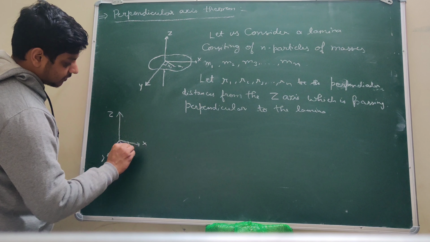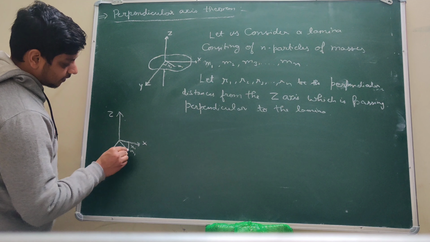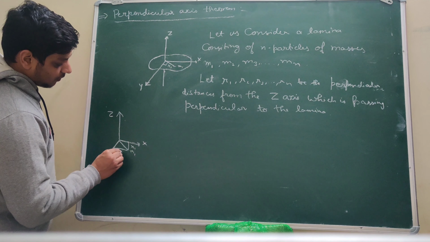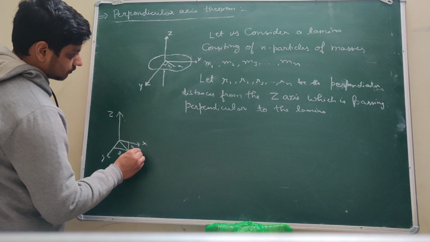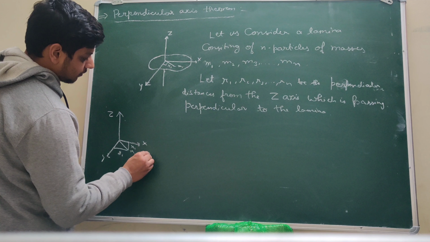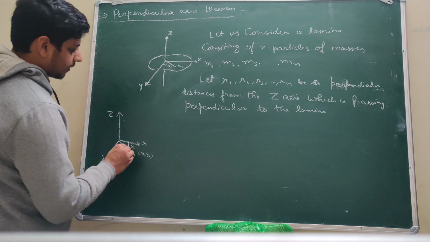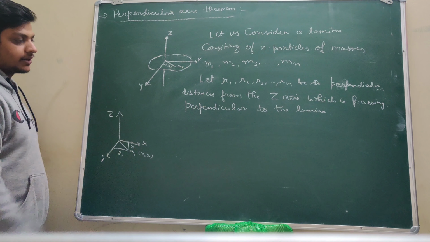So this distance is x1 and this distance is y1. So x1, y1 are the perpendicular distances from the x-axis and y-axis.